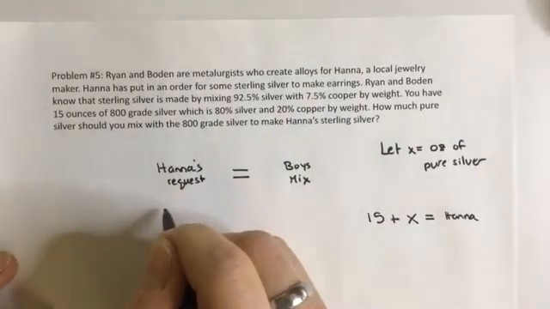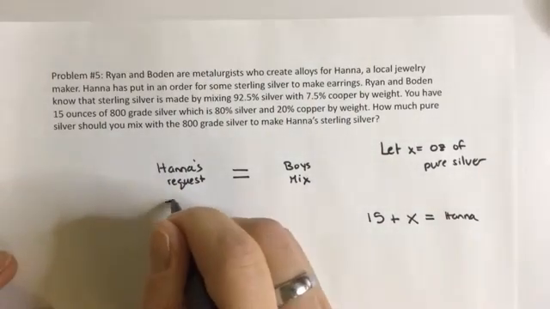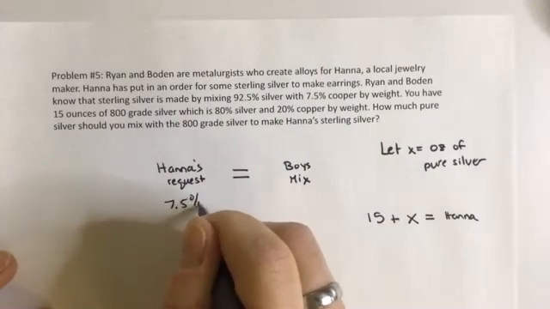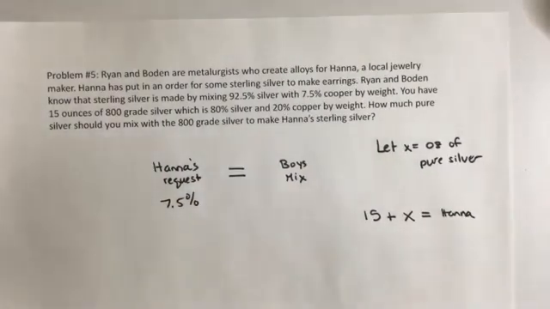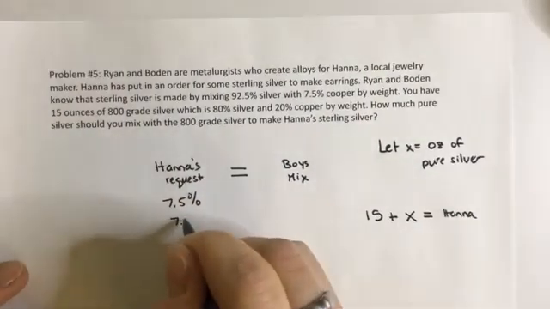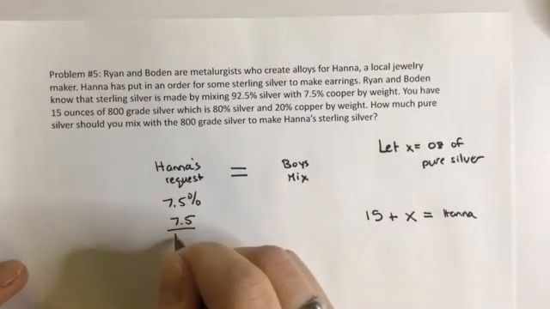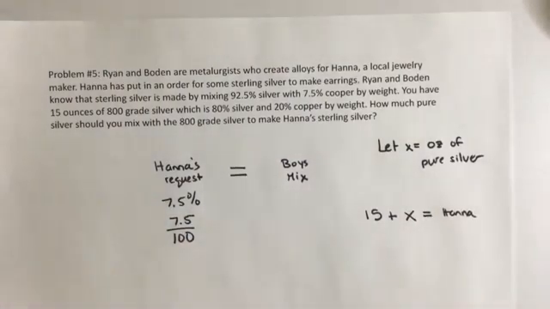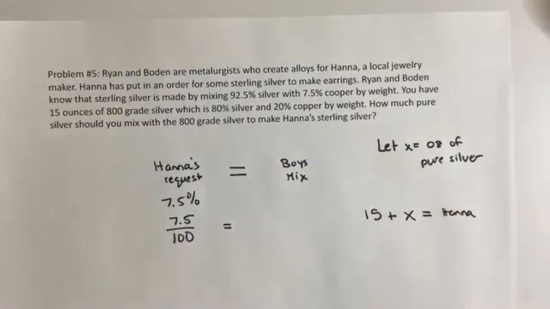So Hannah is asking for 7.5% copper by weight. That means that 7.5 out of every 100 ounces needs to be copper. That's what she wants. So we have to figure out how to make the boys' mix come out the same.